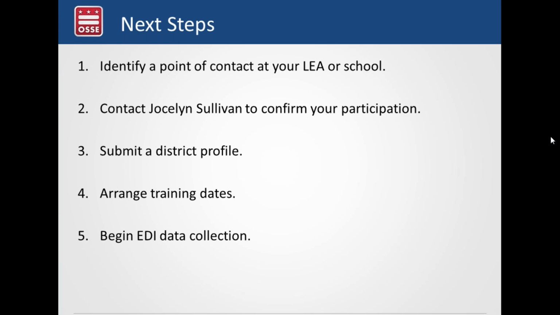And then we'll be able to begin the data collection, which we're hoping can start at the end of this month. It might sound like a lot, but it really is not. And like Elizabeth said, we're willing to help you every step of the way. So we really hope that you join us and partner with us for collecting the rest of the data we're looking for.